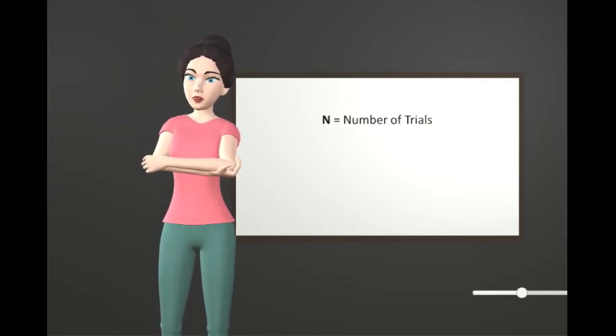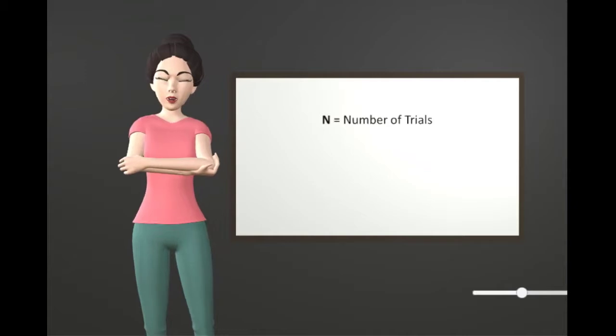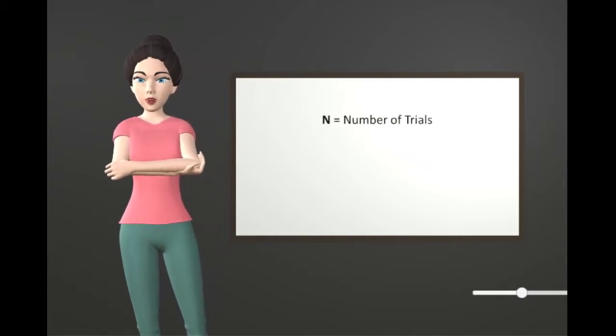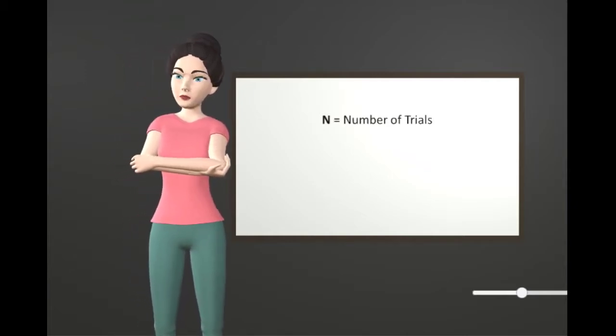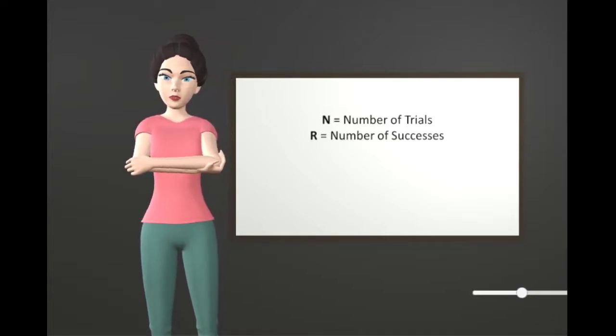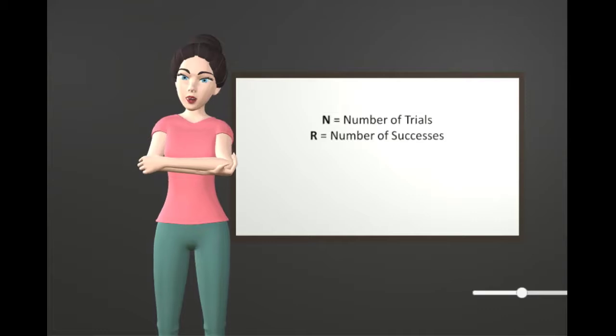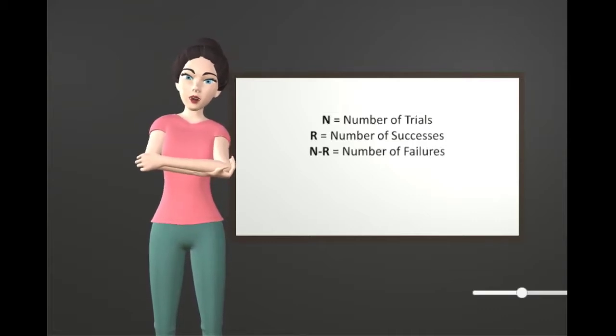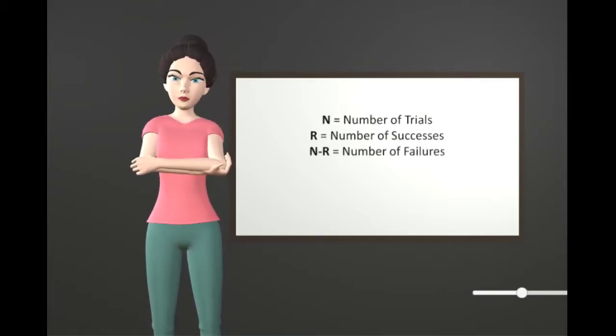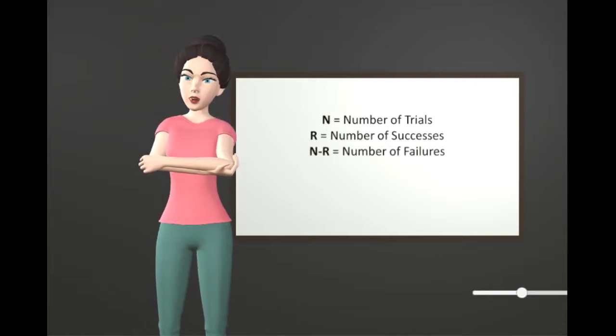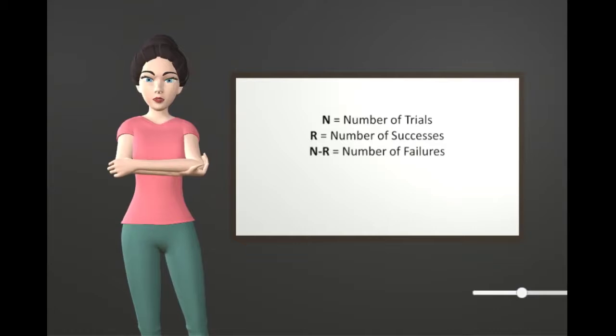So let's say the number of trials in a sequence can be symbolized by the letter N, and the number of successes in those trials is called R, and the number of failures is N minus R. To figure out the probability of any sequence, you can use the formula displayed on the screen.